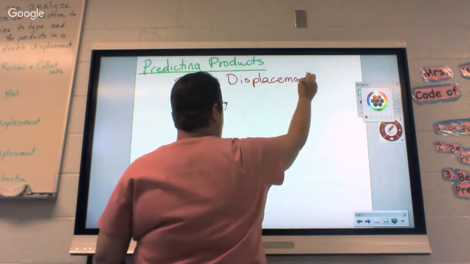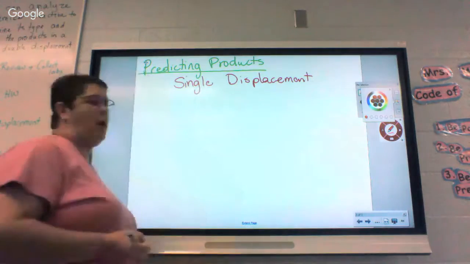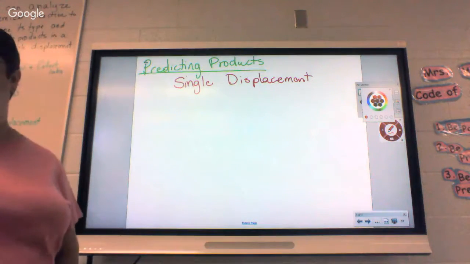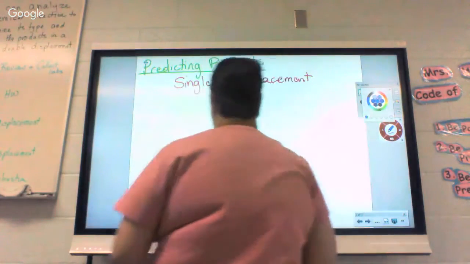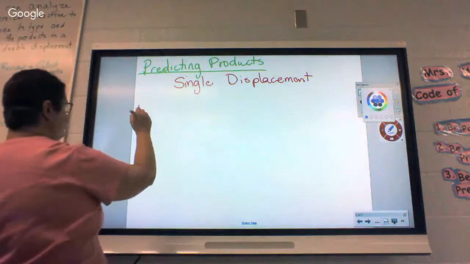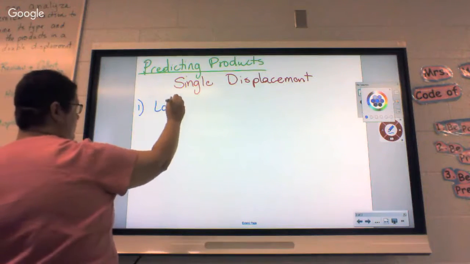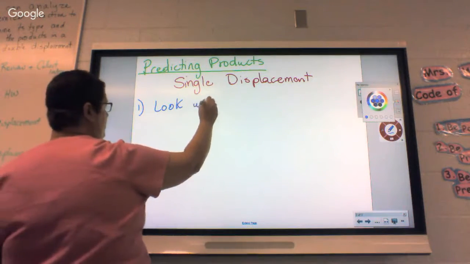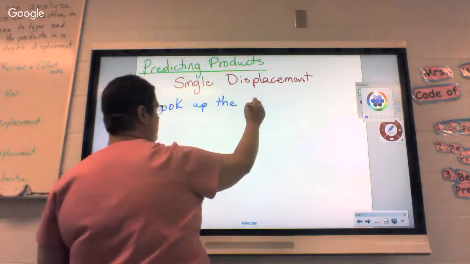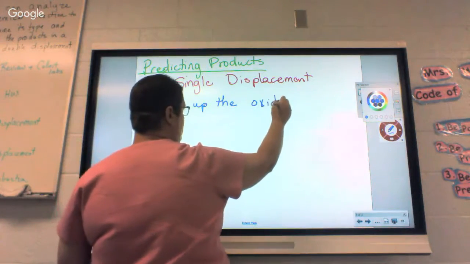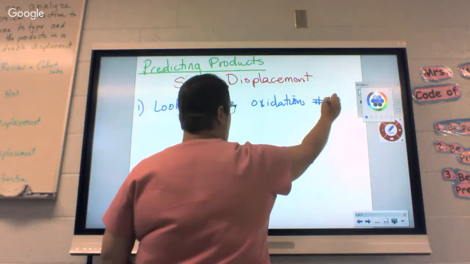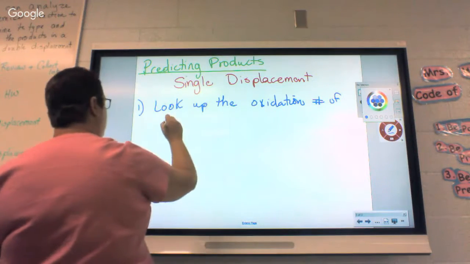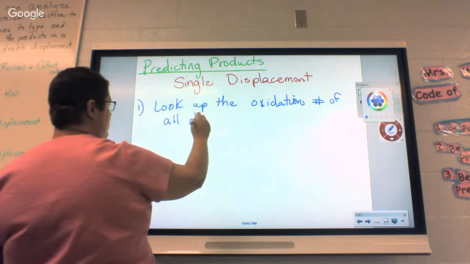We're going to do single and double displacement today. The nice part about it is the steps are the same. So we're only going to write them one time. All right. Number one. Look up the oxidation number of all elements.